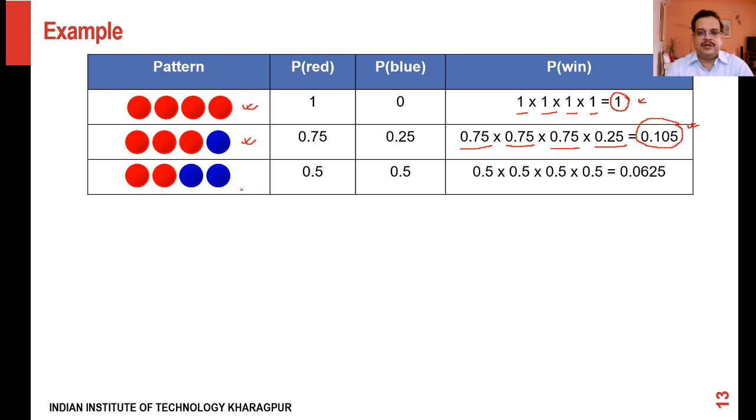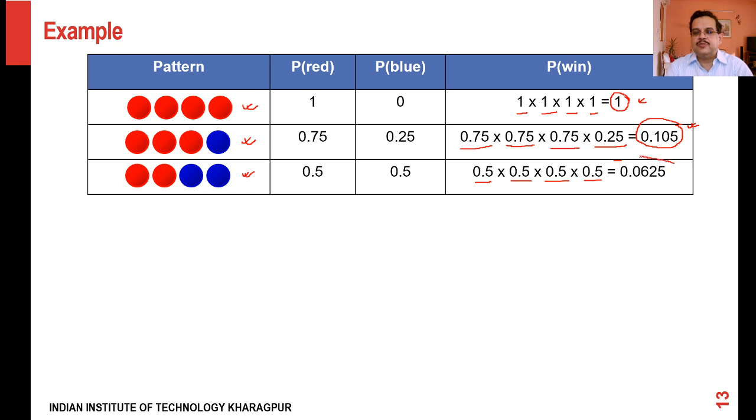And then let us look at the third bucket where I have 2 reds and 2 blues. So now you can see the probability of picking a red or a blue is equal and 0.5. So the probability the first ball is red is 0.5, second ball is red is 0.5, third ball is blue is 0.5, fourth ball is blue is 0.5.